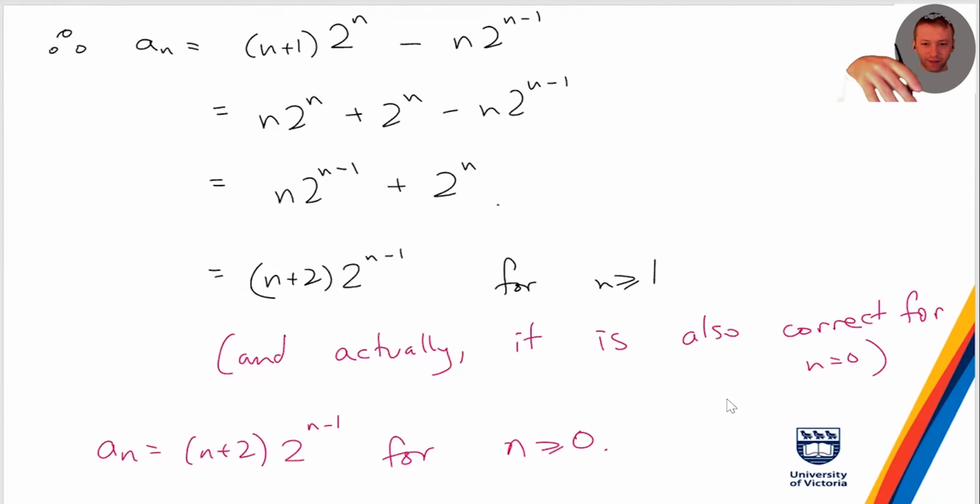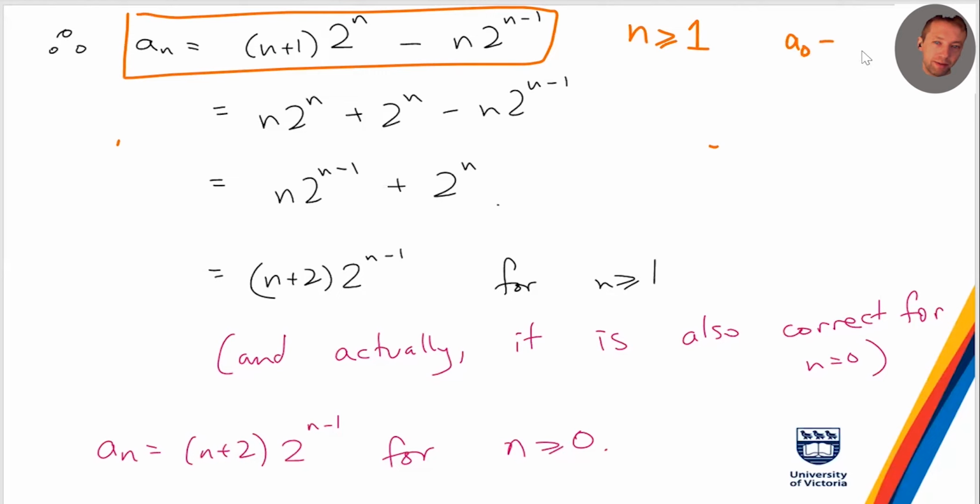Everything I'm doing here is just a bit of algebra, but really this is your answer: an is equal to this for all n at least 1, and a0 is 1. But actually, if you plug in 0 here, you get 1 anyway. So this is valid for all n at least 0.